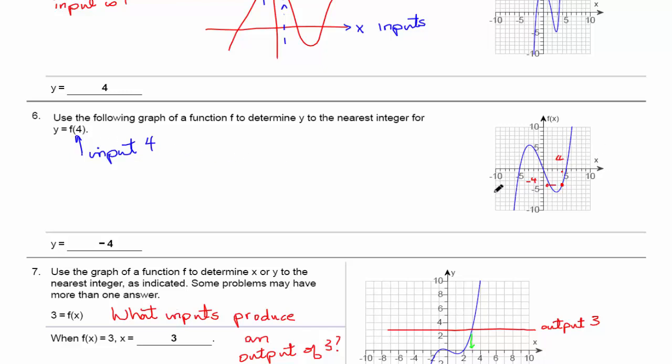Now, it's a bit difficult to see from the small graph, but on the homework, they do let you zoom into the graph so it's easier to see. So if I picked 4, I have to go find the graph. Well, I can't go up and find it. I come down to find it, back to the y-axis, making the output minus 4.